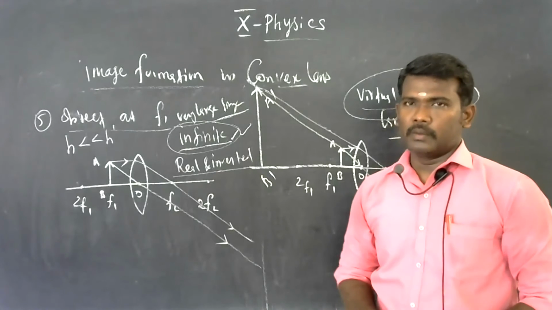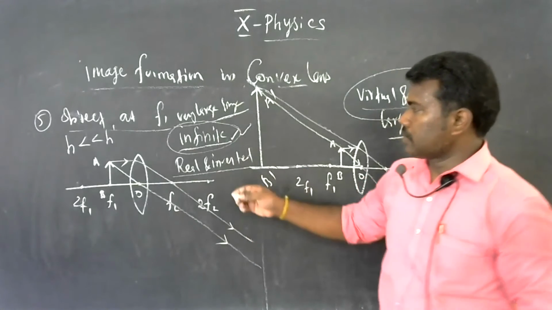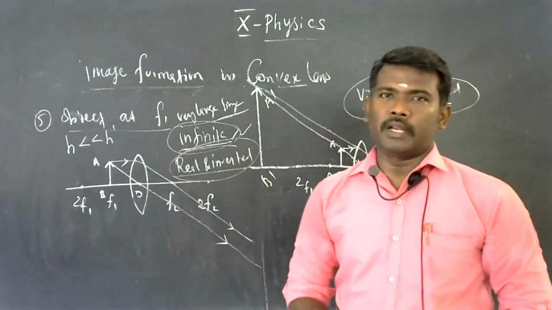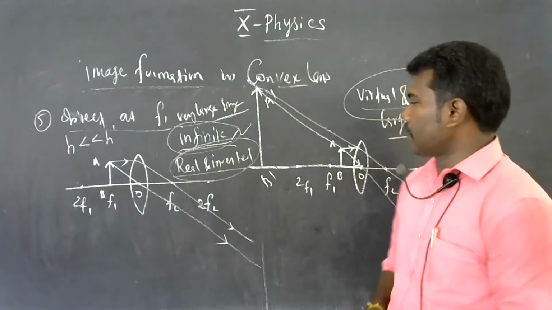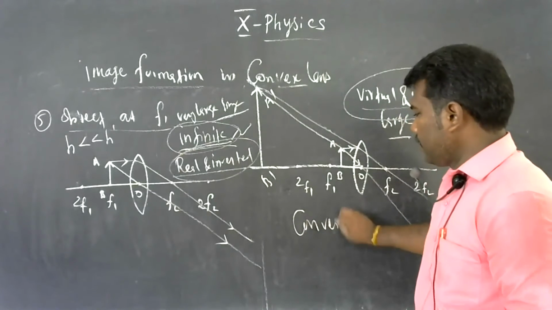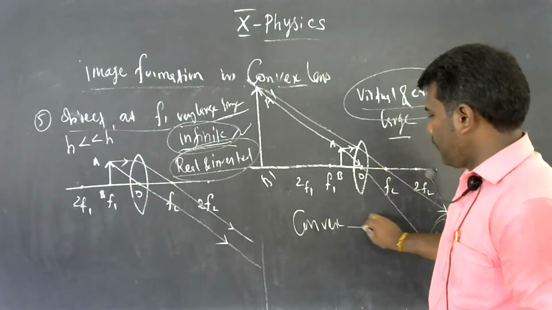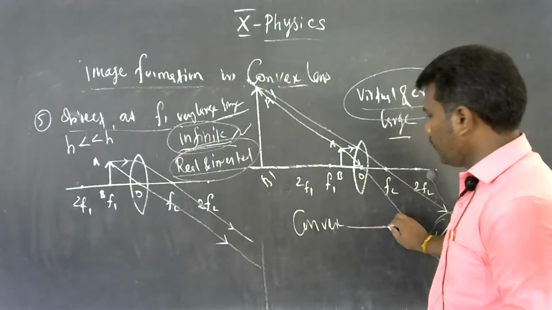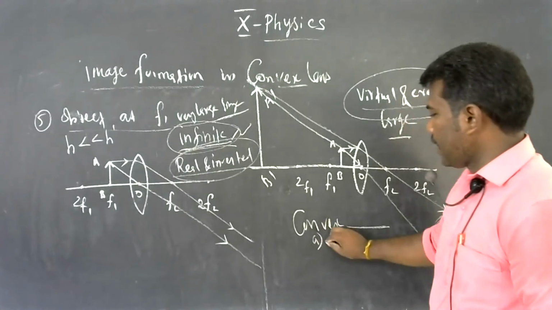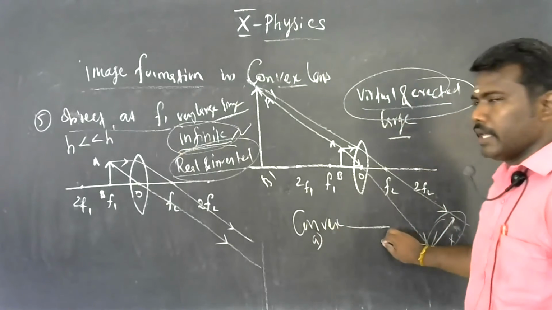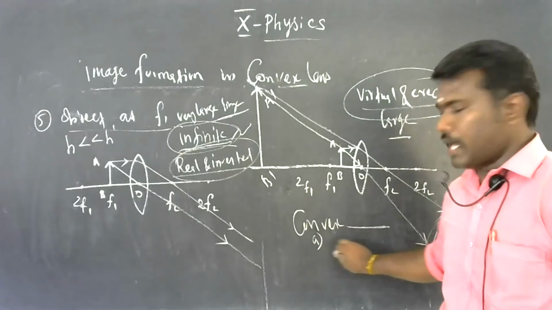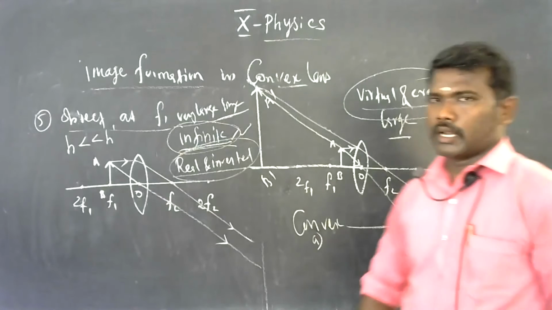In all the remaining cases, students, note this one, we get a real and inverted image. So if in one more question they ask what the convex lens can produce, and four options are there: option A is real and inverted image, option B is virtual and erect image, option C both A and B, and option D none of these.